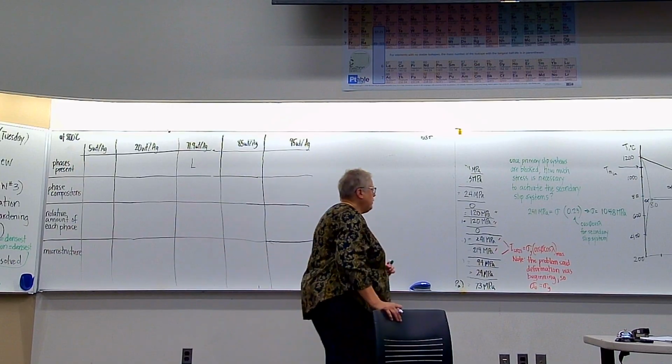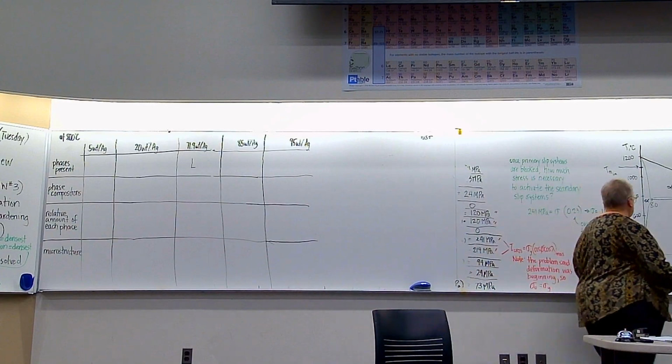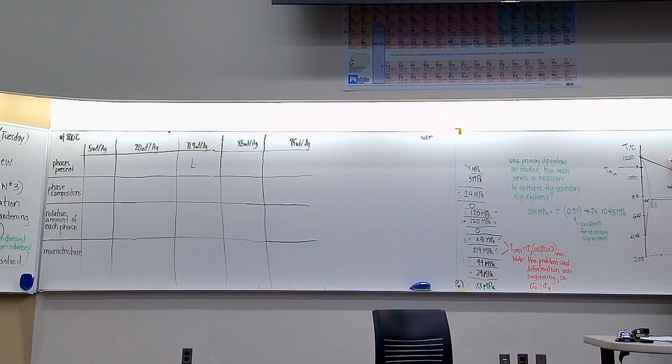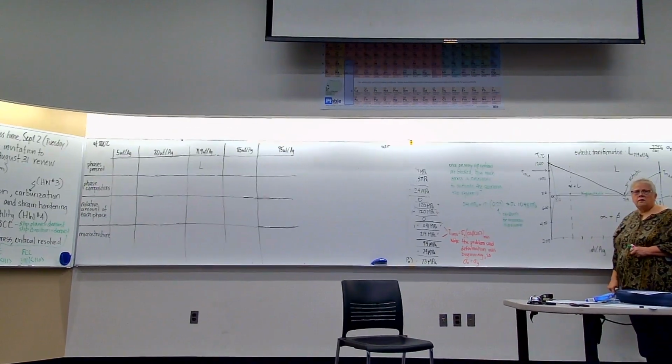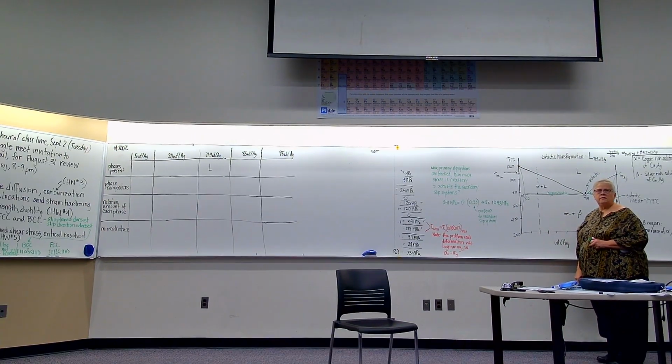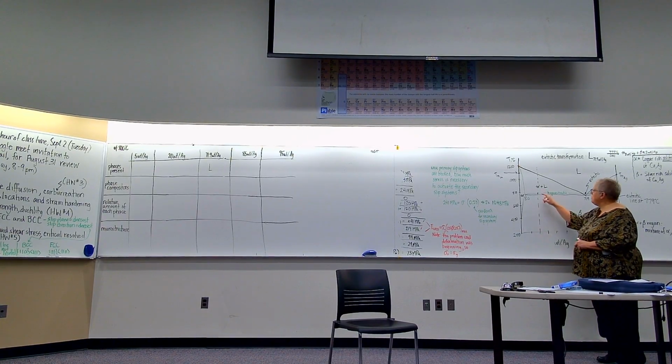If I look at my 20 weight percent silver, just above, what do I have? I'm in this region, so I have alpha in liquid.